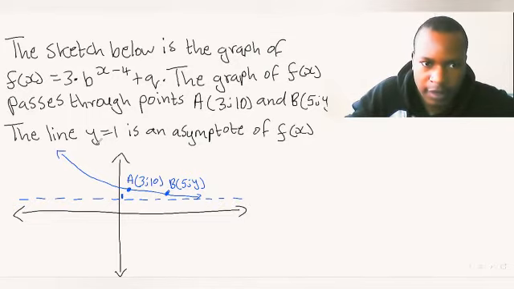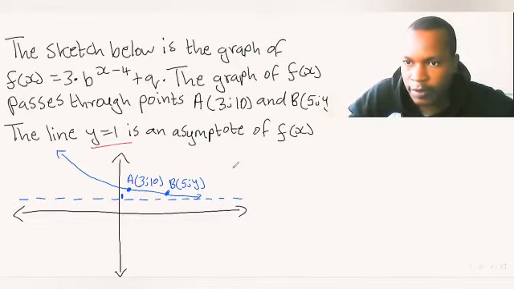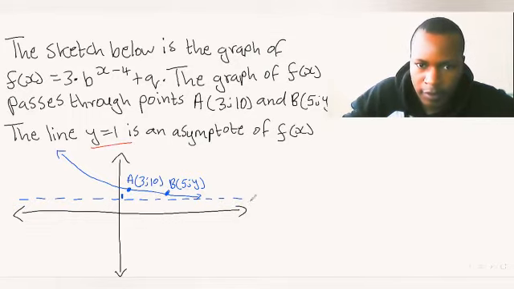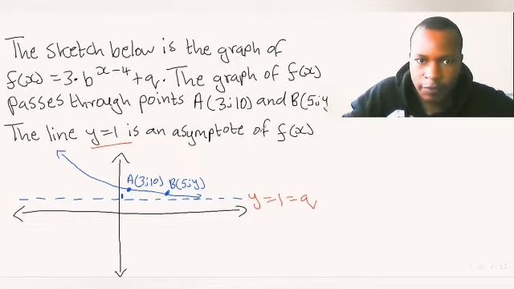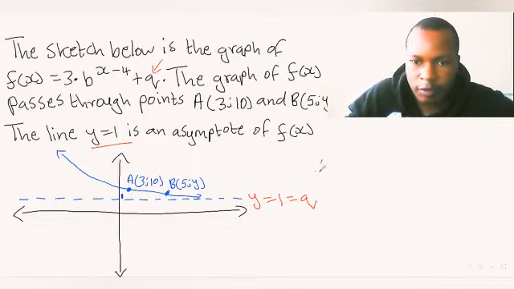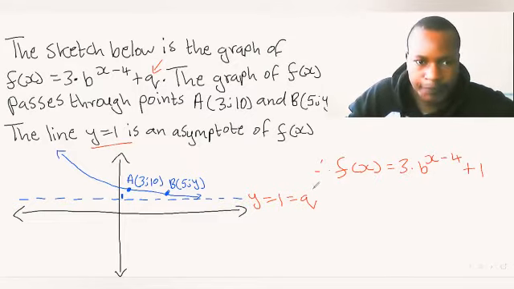So that would be the line y equals 1 over there. So now we can deduce that y equals 1 is the same as q. So we've already found what q would be. So we can then rewrite the equation itself as 3b to the power x minus 4 plus 1, with 1 as the q.